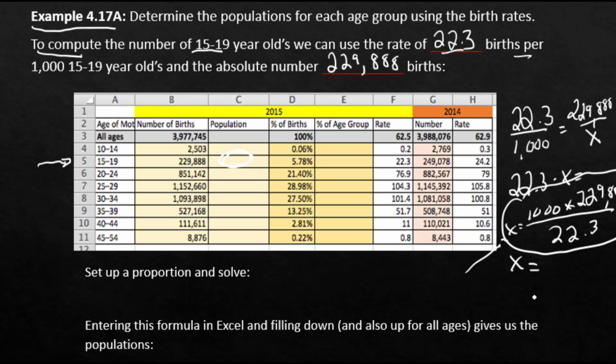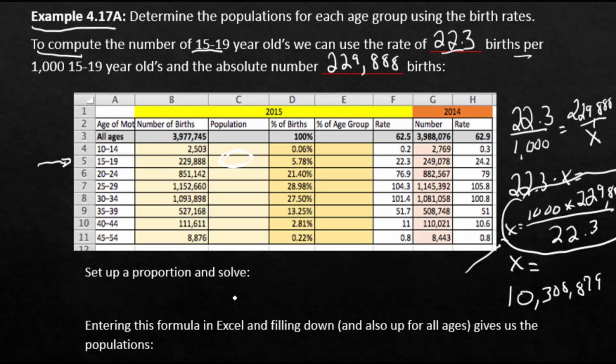So the answer I got is 10,308,879. So that's solved. That's how many women. That would go right in there. That's how many women there are in that population in 2015.